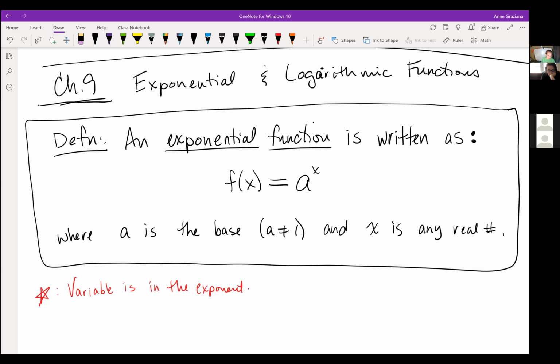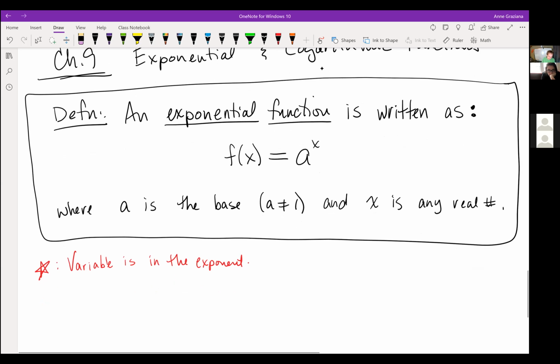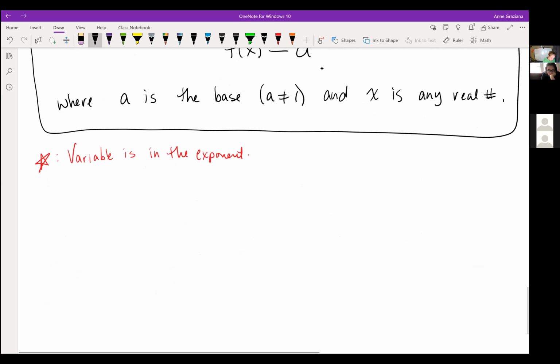number, okay? So let's look at, and we have seen this before, but we've never done lots with it in terms of operations or graphing, okay? So let's look and see, what do these look like? So let's graph f of x is equal to 2 to the power of x.